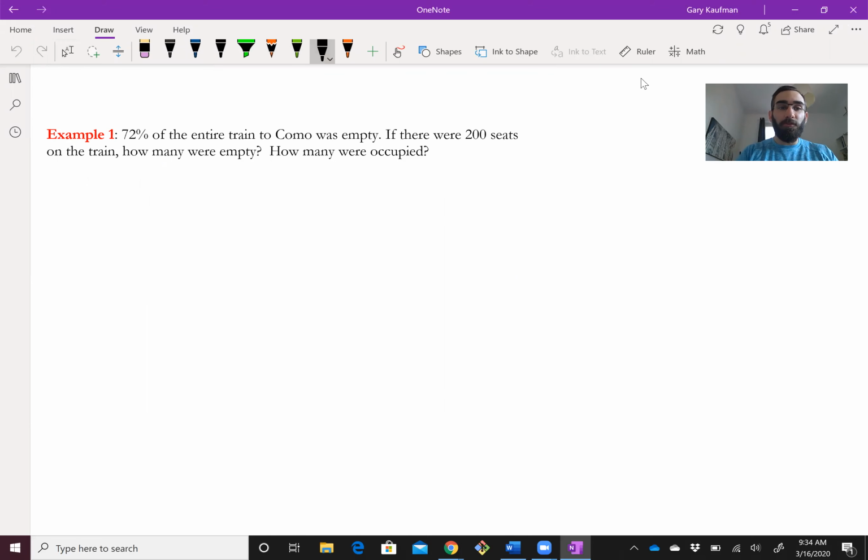Now, here's our first question, and we've done this question before, and real quick, I'm going to look at it with the old approach. So we were saying, okay, X represents the number of empty seats. And we knew that it was 72% out of the 100 equals the part that matches the percent empty.